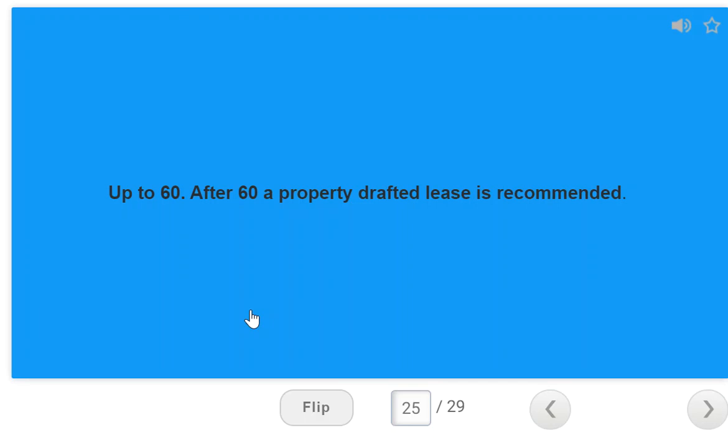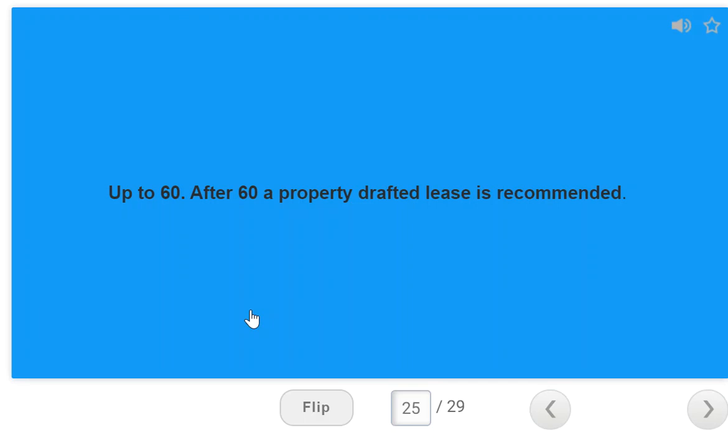So this addendum is offered as a tool for a broker to use when a residential transaction calls for a seller to remain in possession of the property, seller rent back after closing. The seller sells the house and rents it to whoever bought it from them for up to 2 months. It is intended for short-term occupancy, 1 to 60 days.